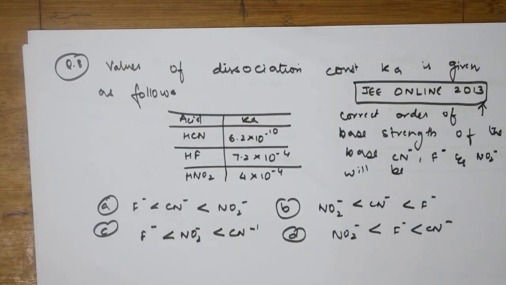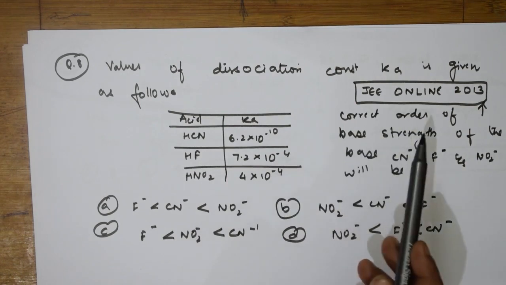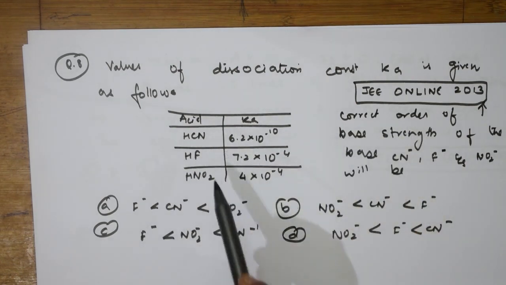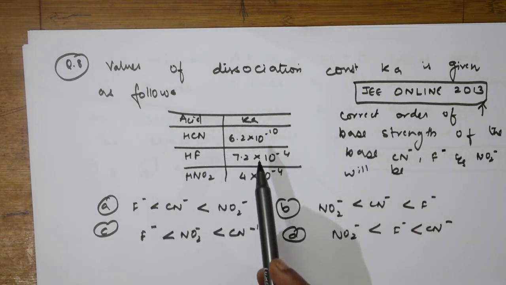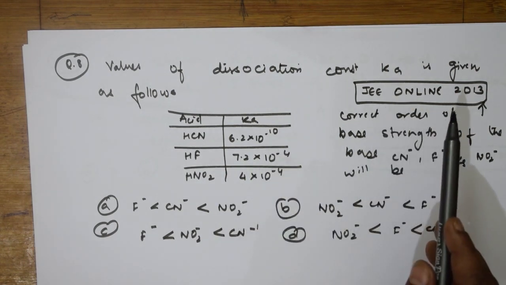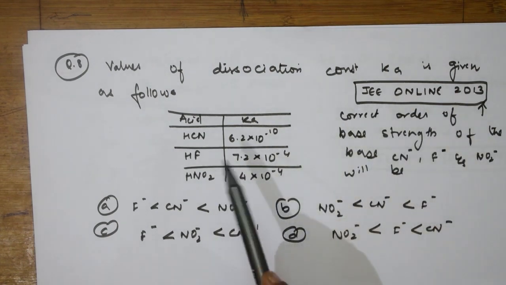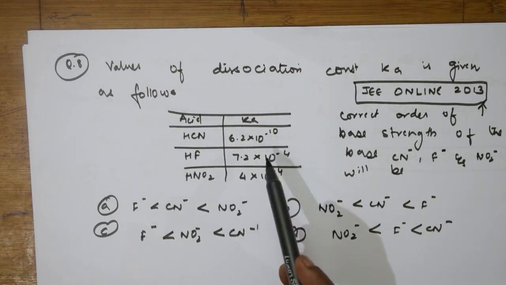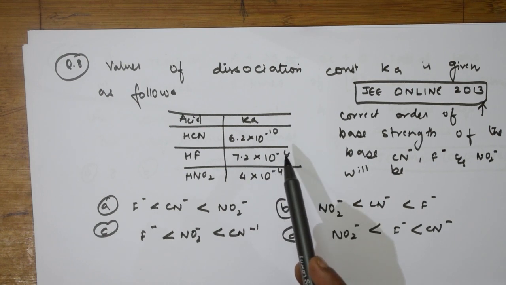Let us do the 8th question now. So in the 8th question, what did they give me? They've given me values of dissociation constant. Ka is given as follows. This particular question is given in JEE Online 2013. They've given values for acids and their Ka values, acid dissociation constant values, right?